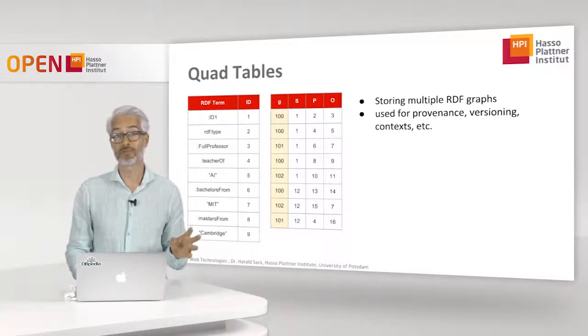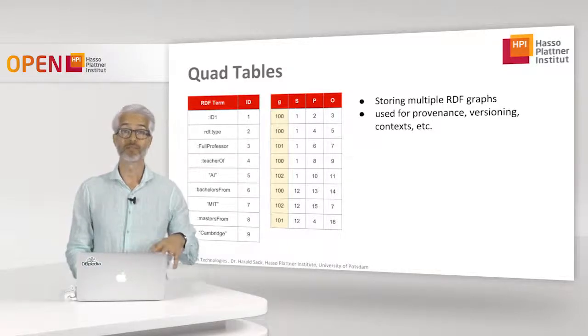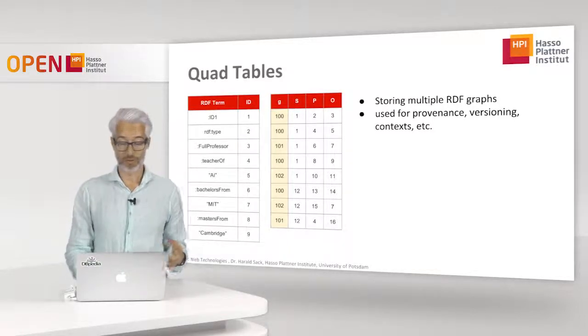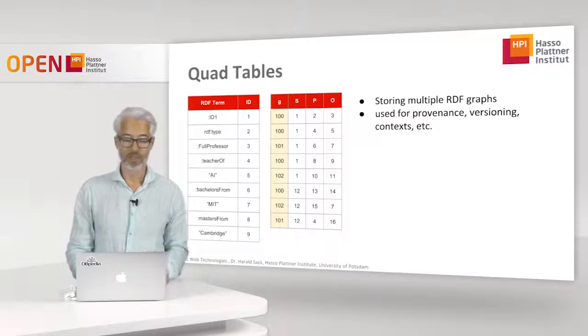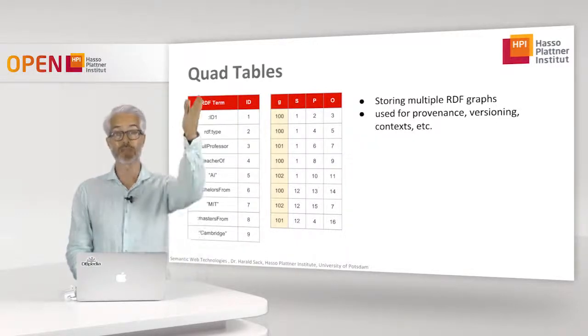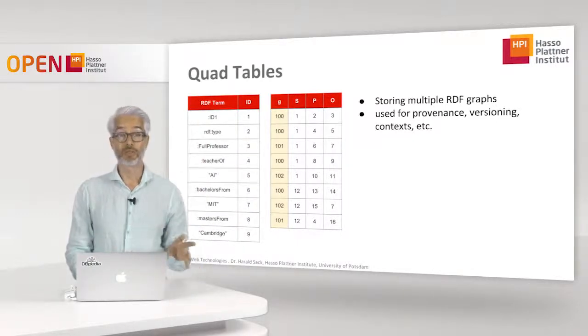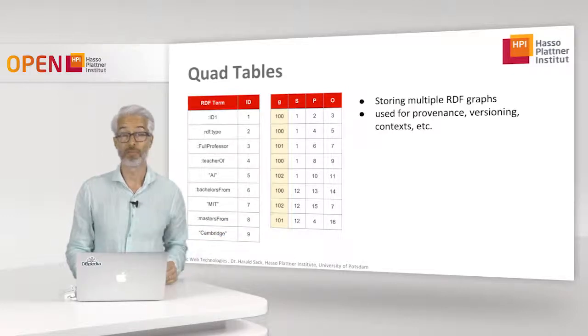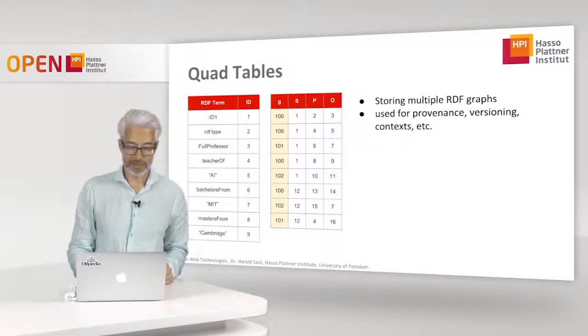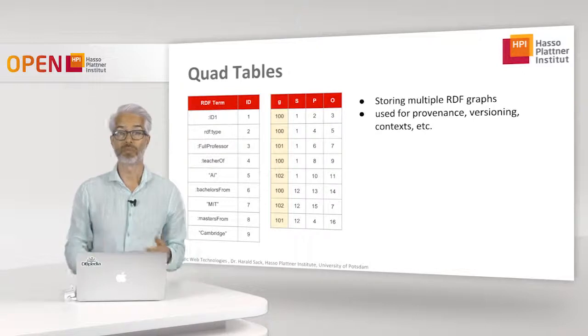This is often used to make clear the provenance, versioning, or the context of triples. So with quad tables I have an additional column which denotes the graph where the triple comes from. This is the next step in our performance improvement.